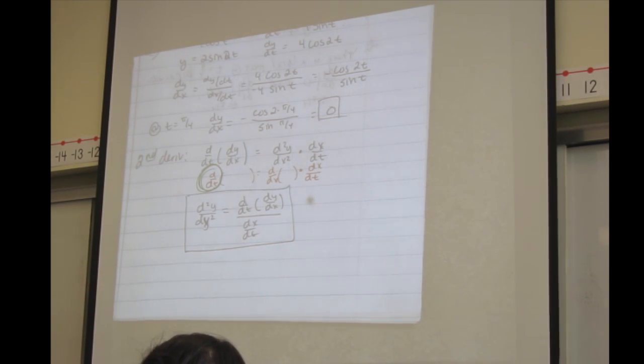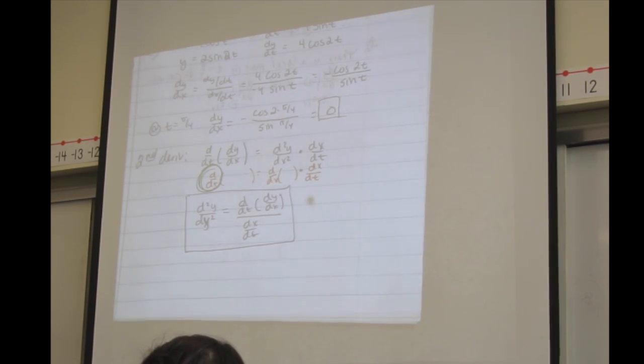Okay, so derivative here. Why are we splitting it? Because here is why we're splitting it up. So now what we have is dy dx. That's what we have. Okay?